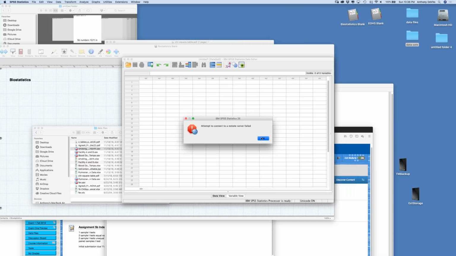Attempt to connect to remote server failed. I don't know what that is. Deviation scheme. Don't know why it's not cooperating.